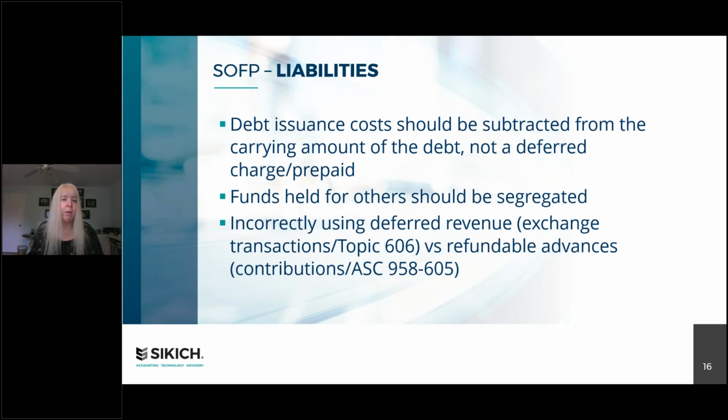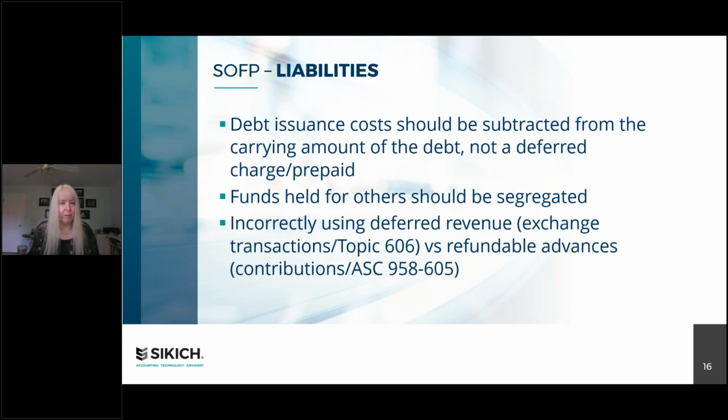deferred charge. Funds held for others: if organizations have a substantial amount of agency funds, and the cash is segregated on the asset side, the funds held for others should also be segregated on the liabilities side. So it's clear that you're showing that as a separate liability if it's significant.